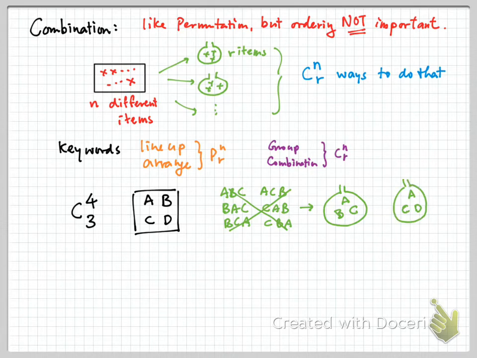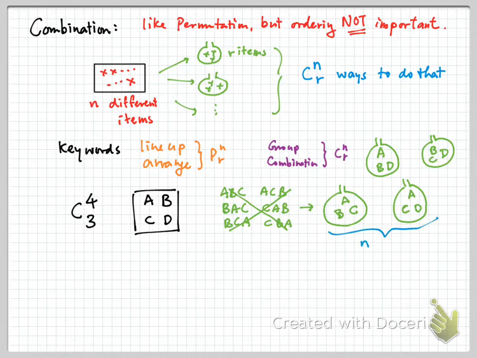What else? We can have A, B, D. A, B, D is another possible bag. And also we can have B, C, D. Is that all? These are the 4 bags we can collect. So there are now 1, 2, 3, 4 different bags, 4 different groupings.